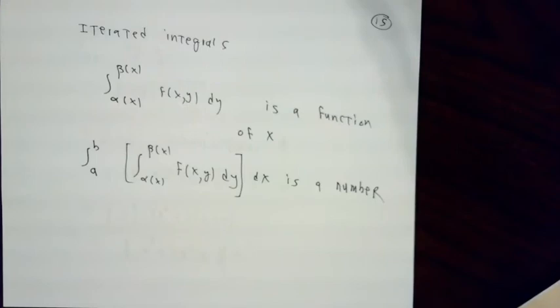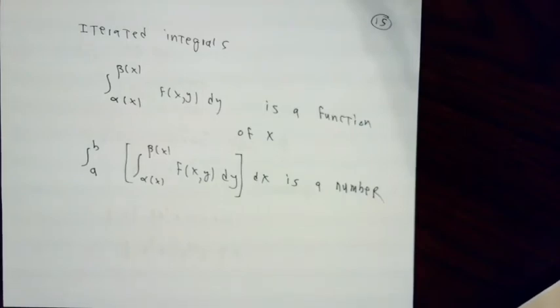If you integrate from some function alpha of x to some other function beta of x, f of xy with respect to y, then we've figured out that that is just going to be a function of x. If a and b are actual numbers, I can integrate a function of x from x equal a to x equal b.